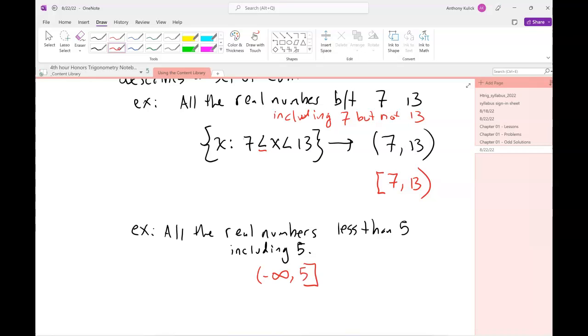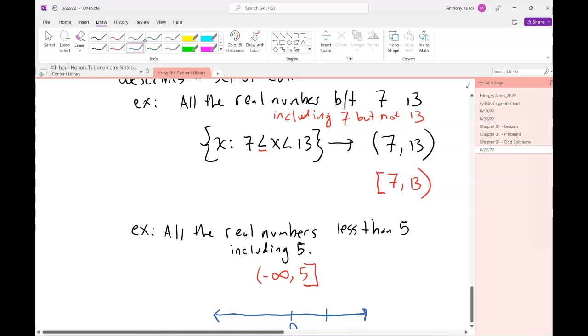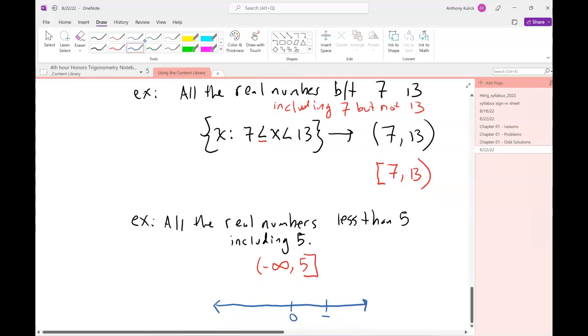Excellent. Now, if you're stuck on where to start with something like that, I think it's often helpful to just think about it on the number line. So here's 0, here's 5, and we're talking about all the numbers that are less than or equal to 5. Everybody's okay with that?